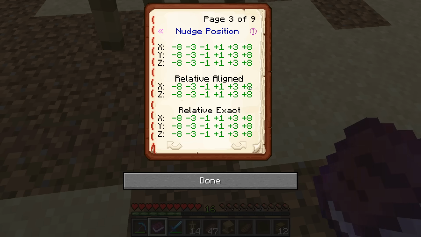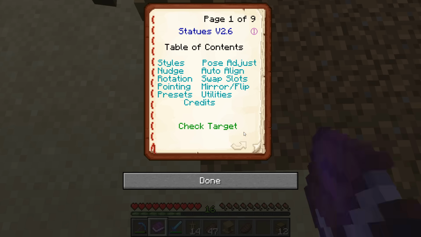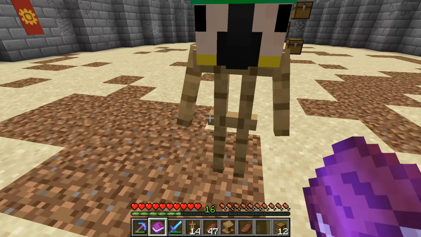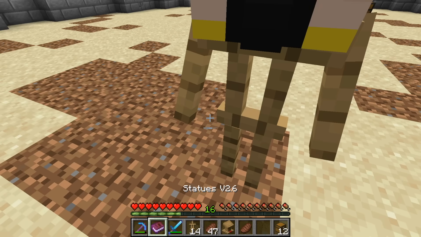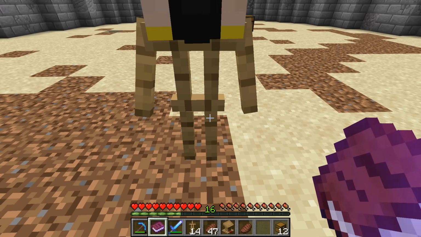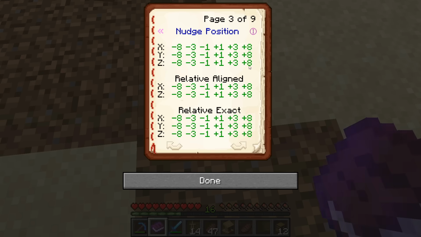So if I wanted to make it go right from behind, I would walk up behind it and I would make it go right. Okay, give me my book back. The X-axis is based on where you are next to it, and it will go to your left or to your right. And fortunately, it aligns up with what's in the book.